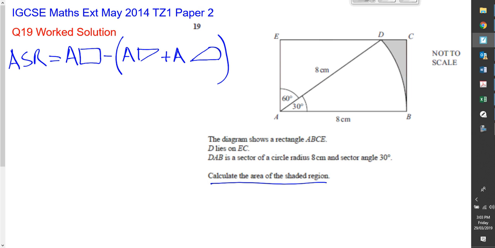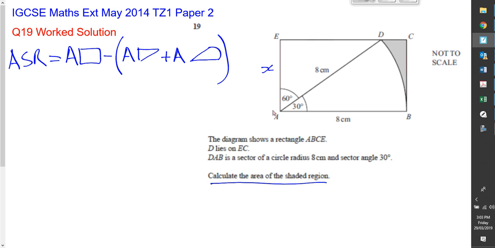All right, so to find the area of our triangle here, we're going to need to find what this side is here. Because if we have two sides and the angle in between, we're able to use the sine formula for area, which will make that nice and simple.